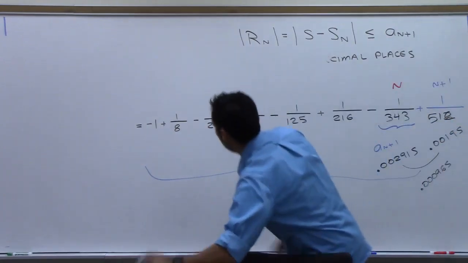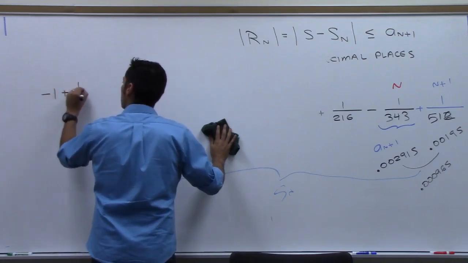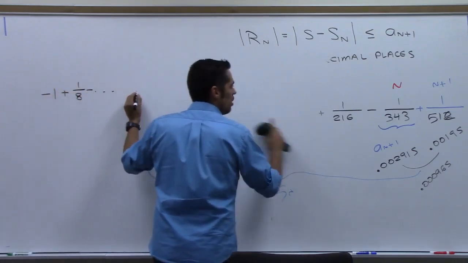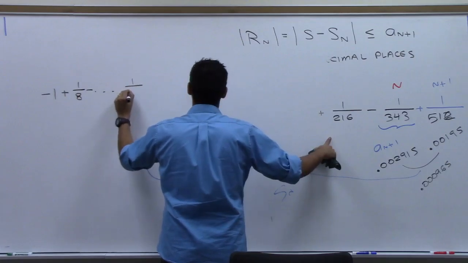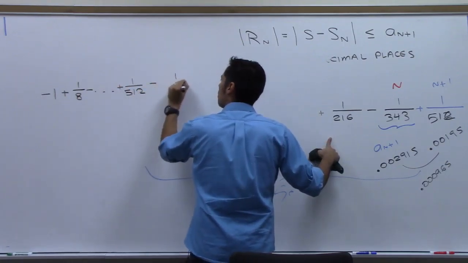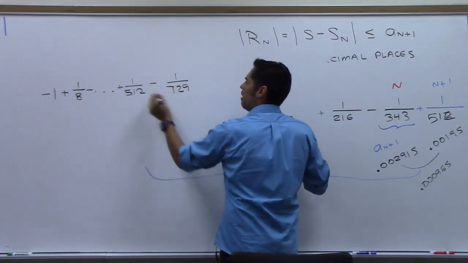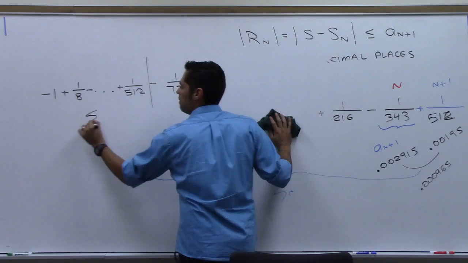If I were to now write this all again, -1 plus 1/8 minus dot, dot, dot, I get all the way out to, and now I'm going to stop at 1 over 512, plus. The next one is 1 over, what, 9 cubed? 729. So now I'm stopping here, right? That's my S sub n.